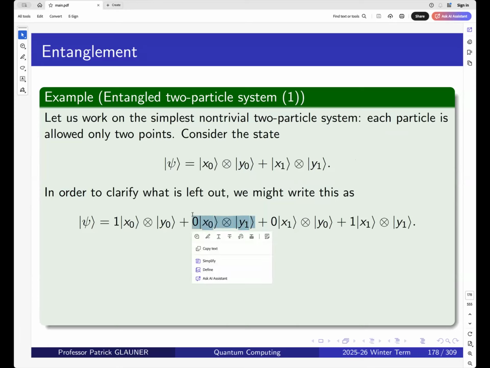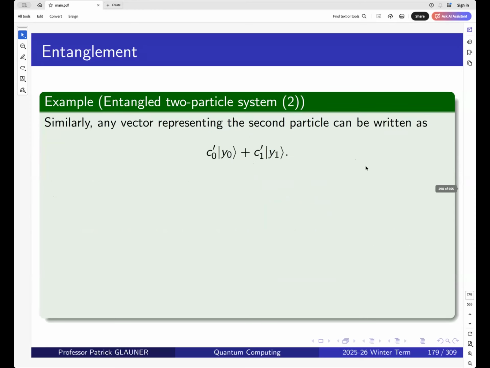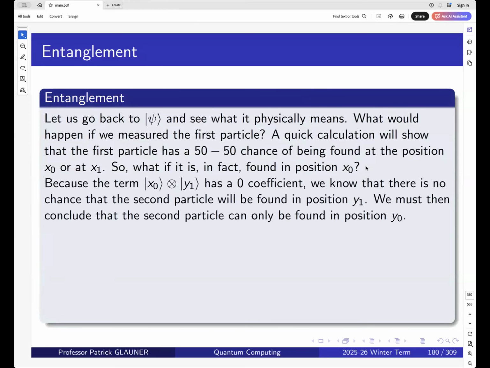This one has been eliminated since it's 0. So if I do a measurement only on the first particle, not the second one, and I find it in position x0, because the tensor product of x0 and y1 has a 0 coefficient, there's no chance that the second particle would be found at position y1.